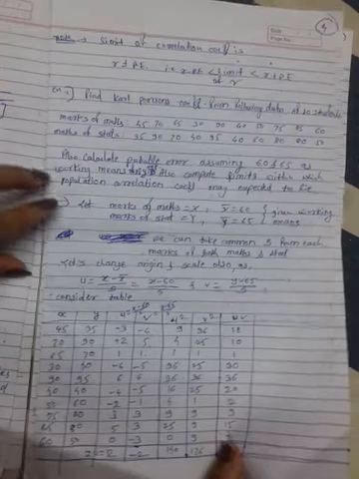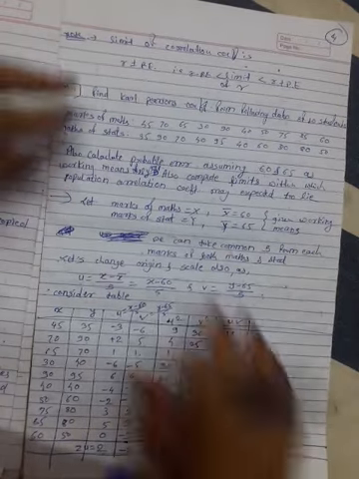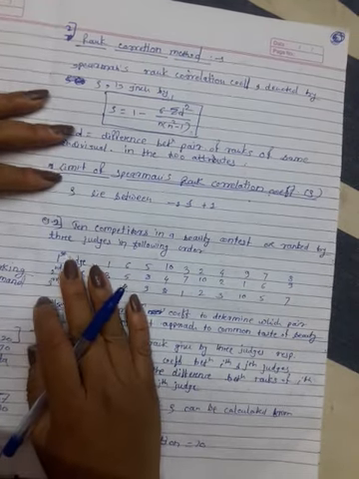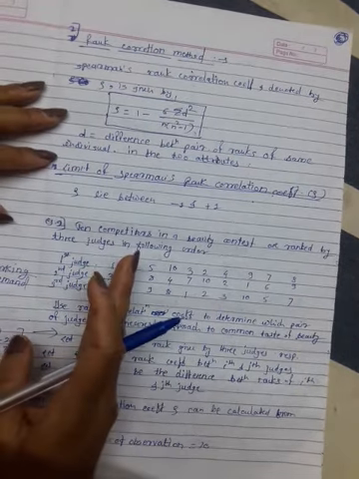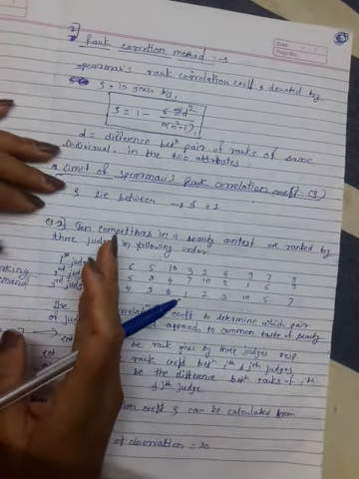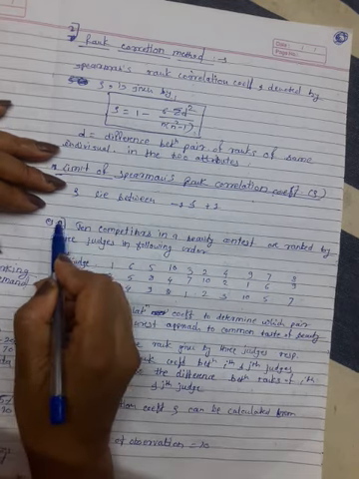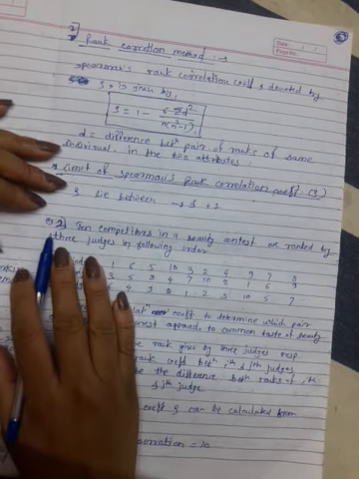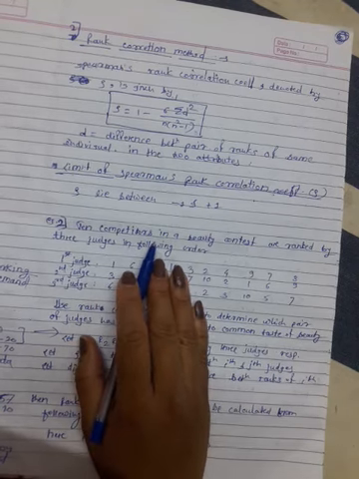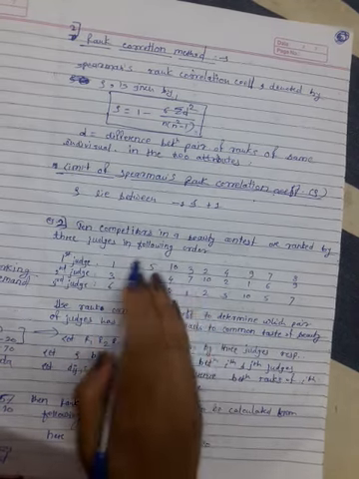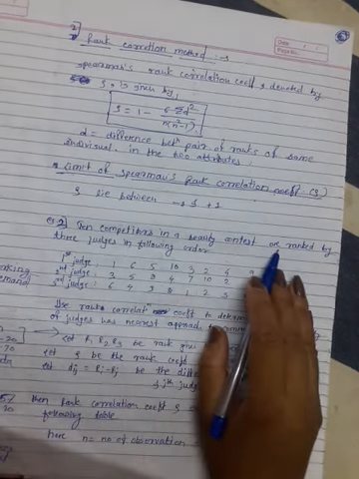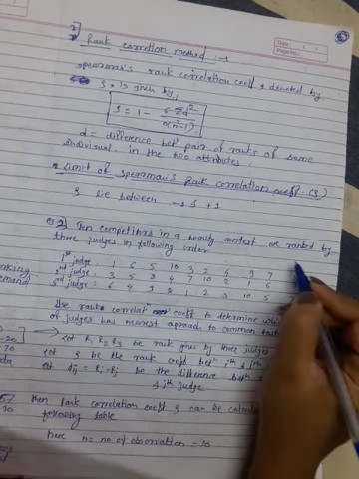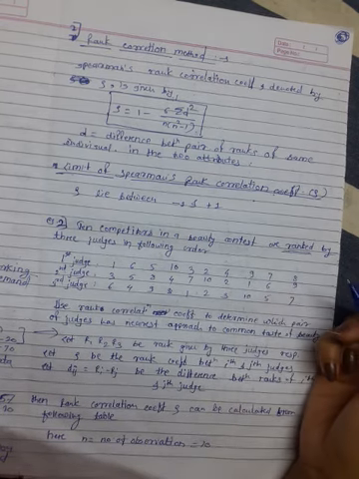Now consider the second example. In my notes I have taken the second example first, but you go by the number only. This is the second example: 10 competitors, that is 10 observations, in a beauty contest are ranked by, see here, ranked by.